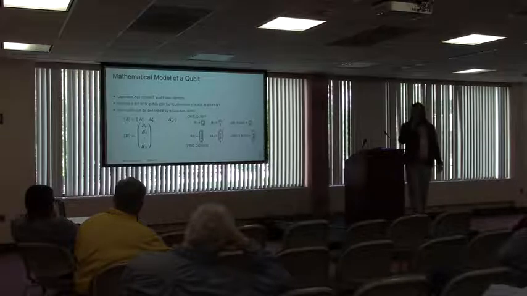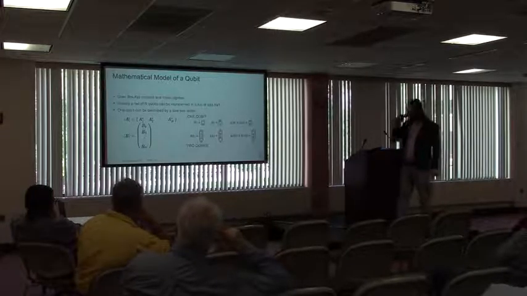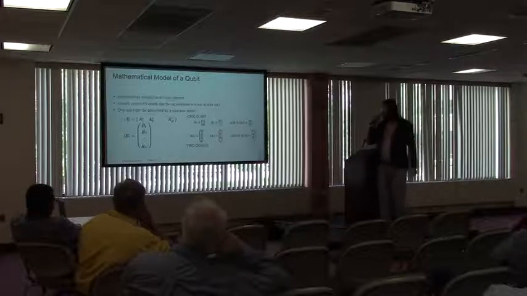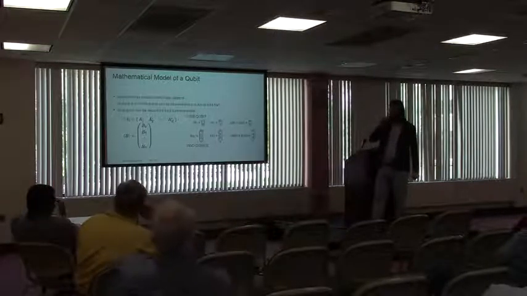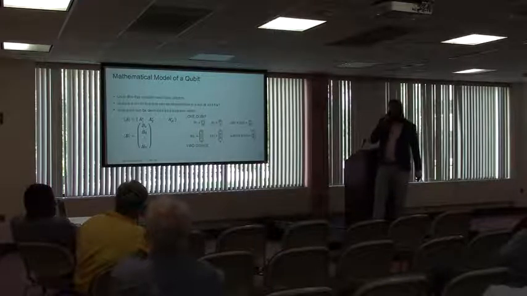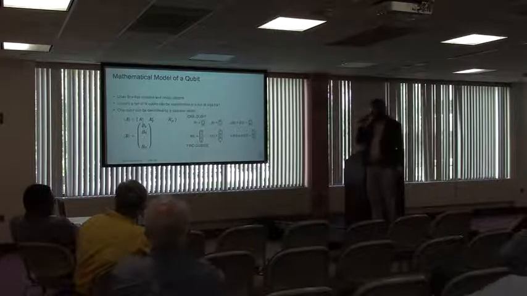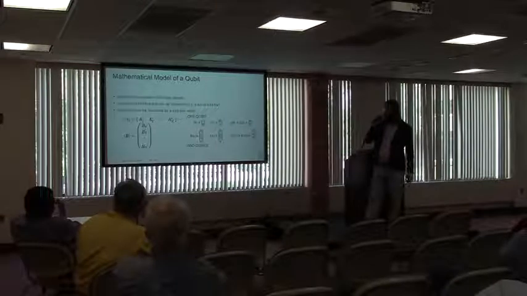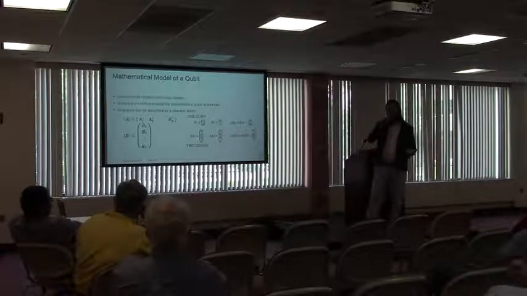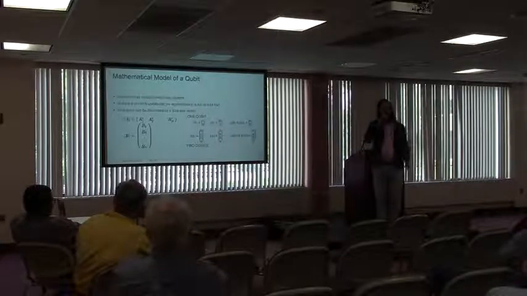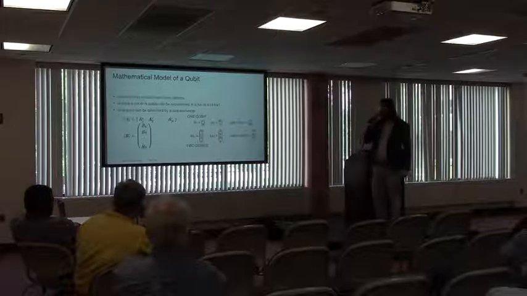There are also some mathematical models. We are not going to discuss too much about this, but whenever you see quantum computing, you will be using these notations called bra and ket. So the A is read as bra A. Actually, what this bra operation does is it indicates a row vector in linear algebra.